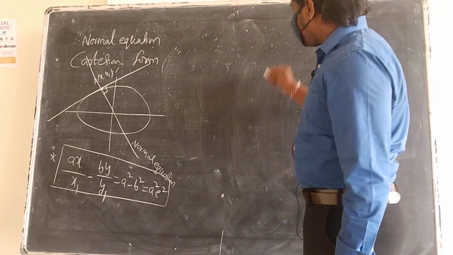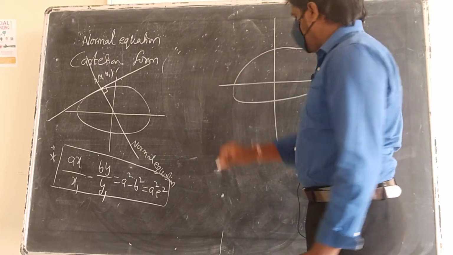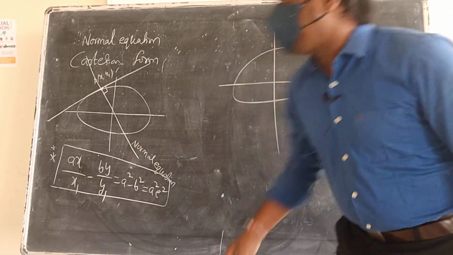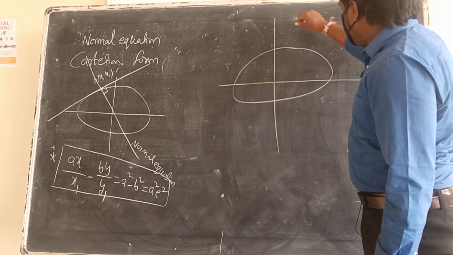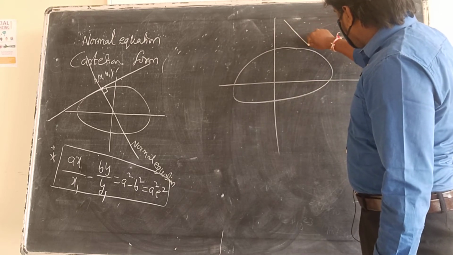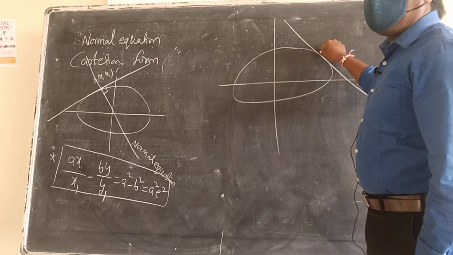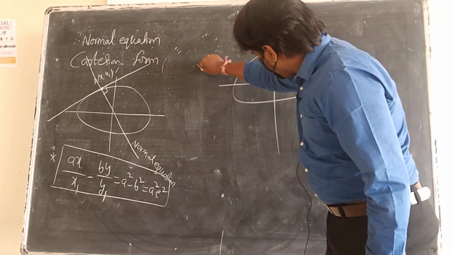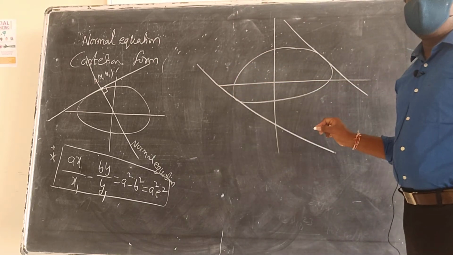Like here, if this is the ellipse, not exactly an ellipse shape, but I drew it randomly. Suppose here I drew a tangent. Parallel to this tangent, one more tangent is here. So these two are parallel.